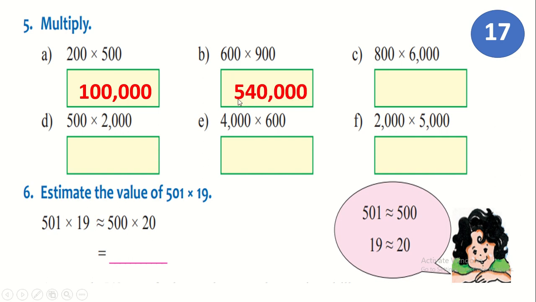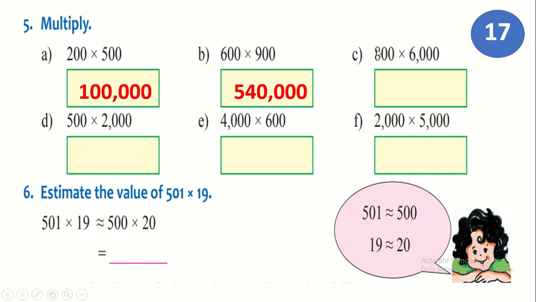The answer is 540,000. Okay, you have 4 zeros. 6 times 9 is 54. The answer is 540,000. Correct, students?